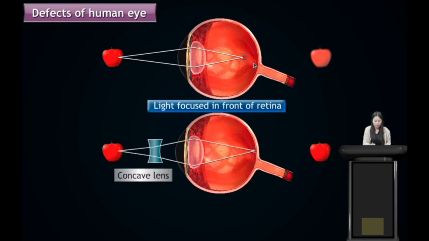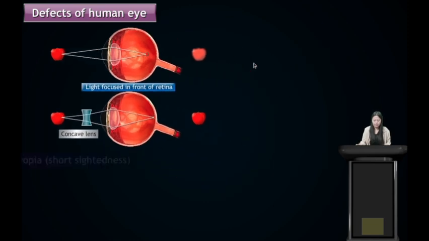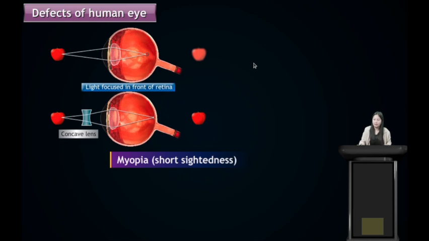When we use a concave lens, the light is focused on the retina, and the image formed is located at the retina. This defect of the human eye is known as myopia, or short-sightedness. This is the first type of defect that we are discussing today.